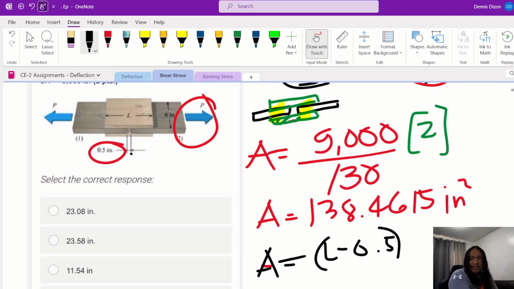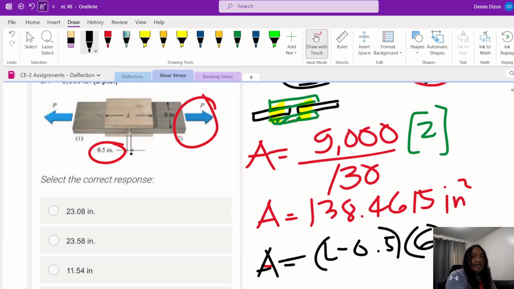That is your only effective contact length, which is L, the total length of your splice plate, minus the gap. Then times 6. That is our area.